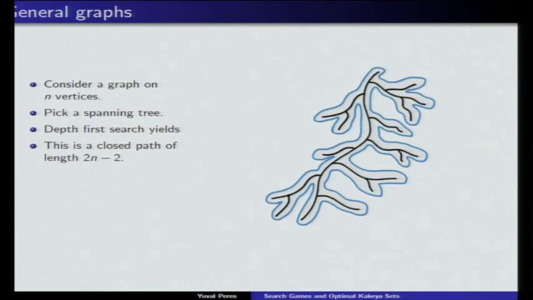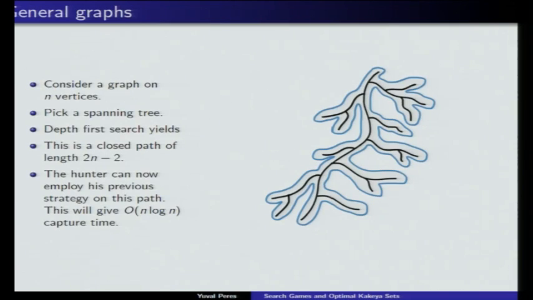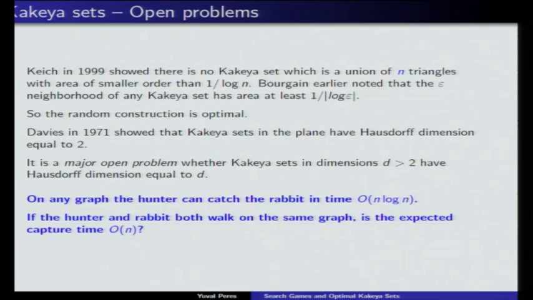But here is an open question I want to emphasize, in blue. We said that on any graph, the hunter can catch the rabbit in n log n. Now suppose we weaken the rabbit and make the rabbit also respect the edges of the graph.